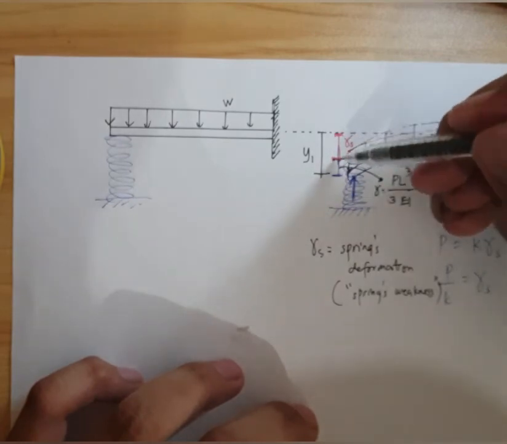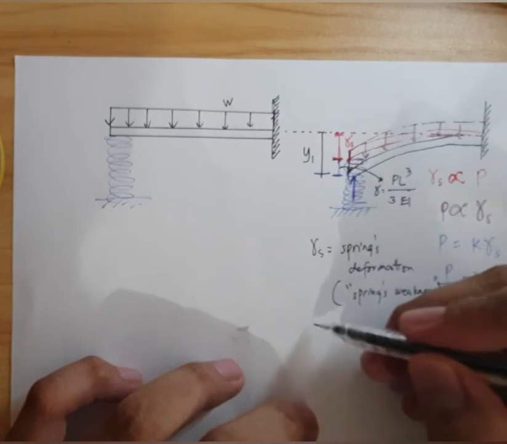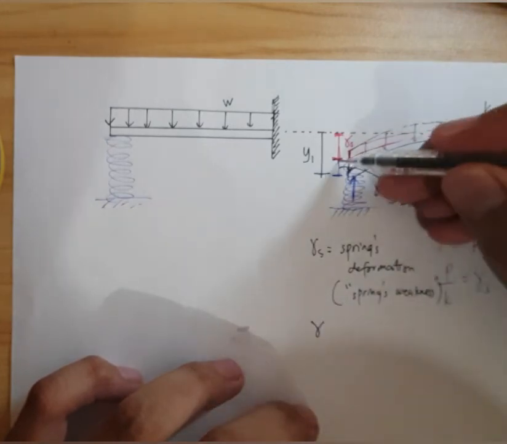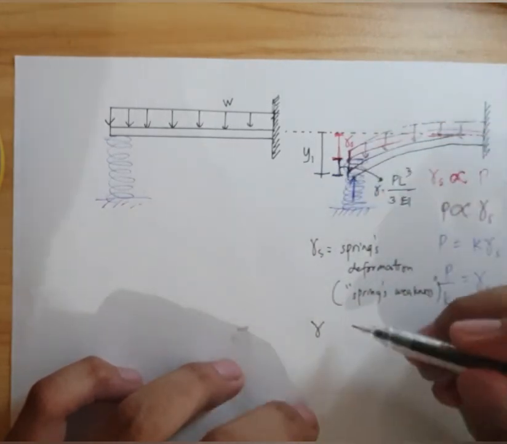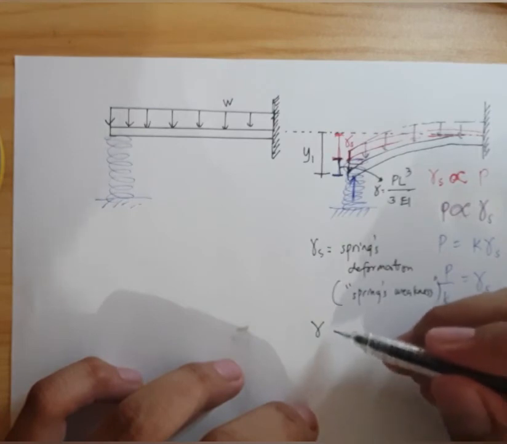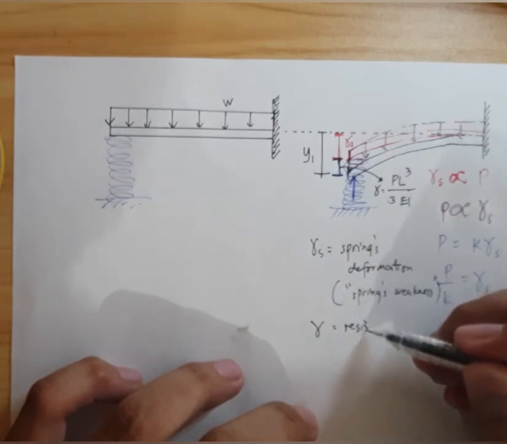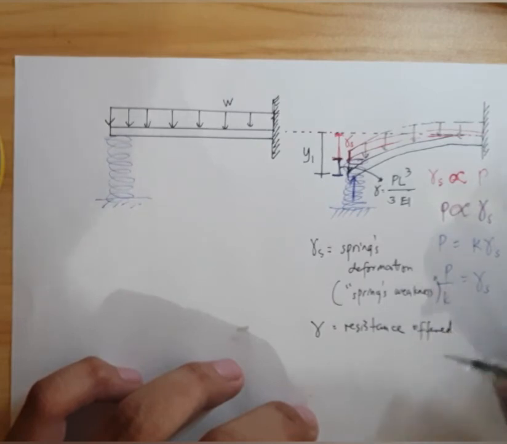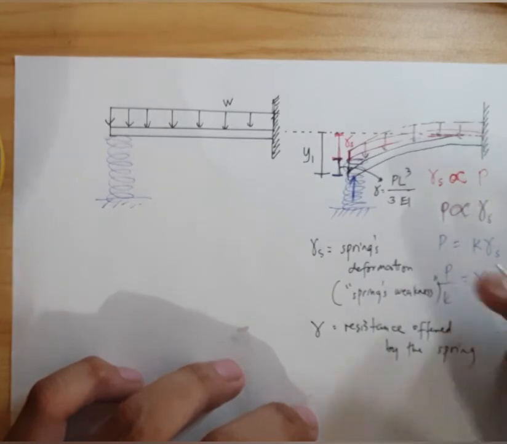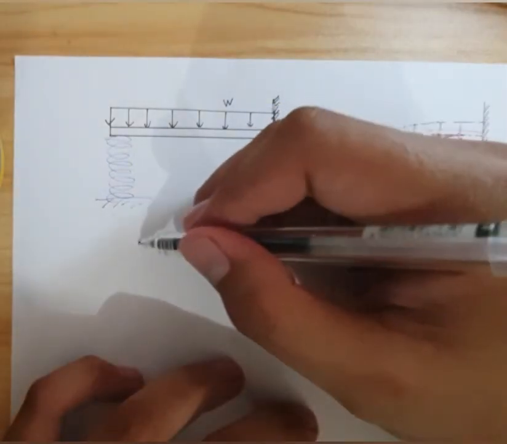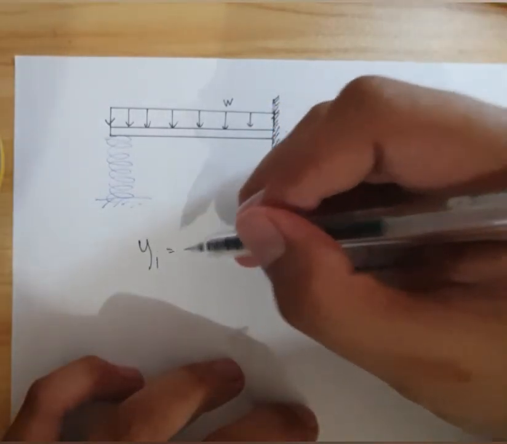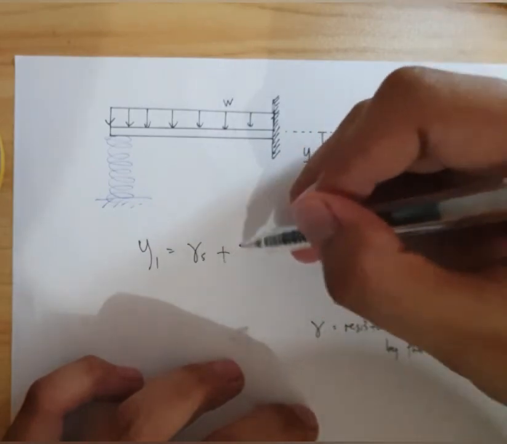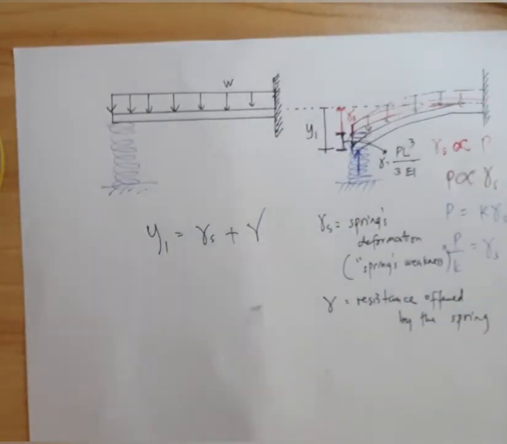So plus this one, that is the resistance offered by the spring. So y sub 1 is equal to gamma S plus gamma.